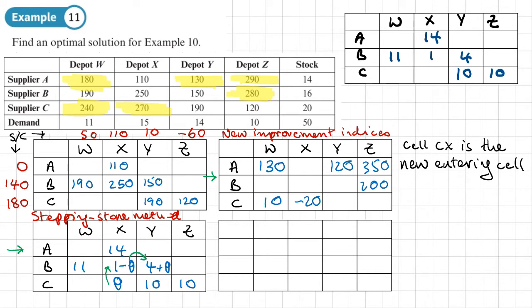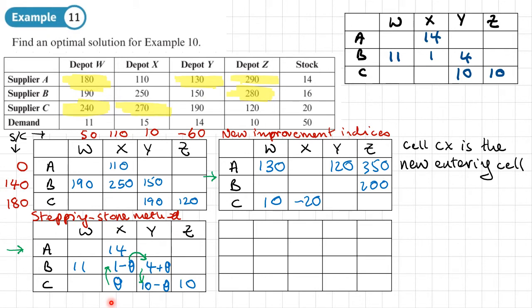So I use my stepping stone, and I'll step to the next cell. That needs to be 10 minus theta. And as you can see now, that rebalances this row here. So it's still balanced. We've still got the same totals as we had before in the original table.